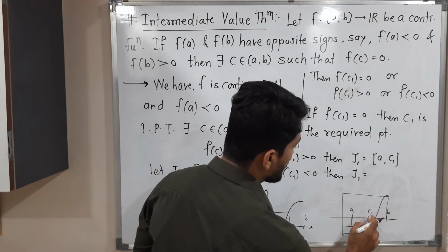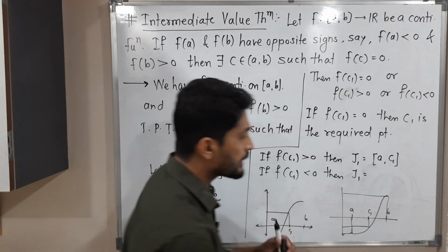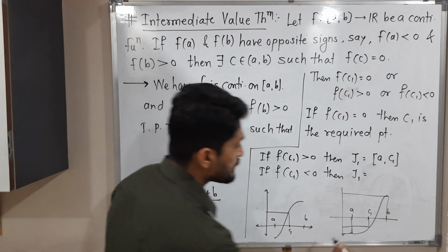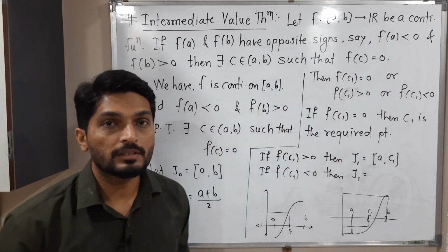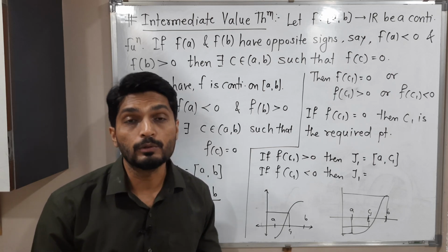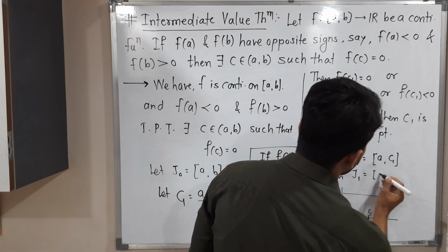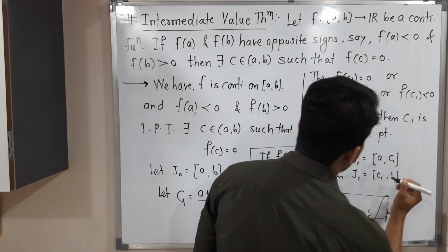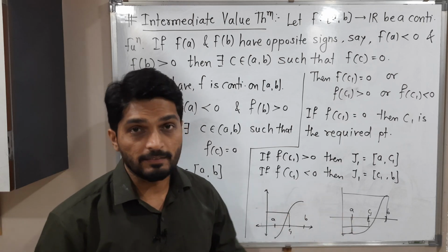That means at point c1 the function has negative value, at point b the function has positive value. That means if you consider this subinterval, at the end points the function has opposite values. So that's why my j1 will be c1 comma b.